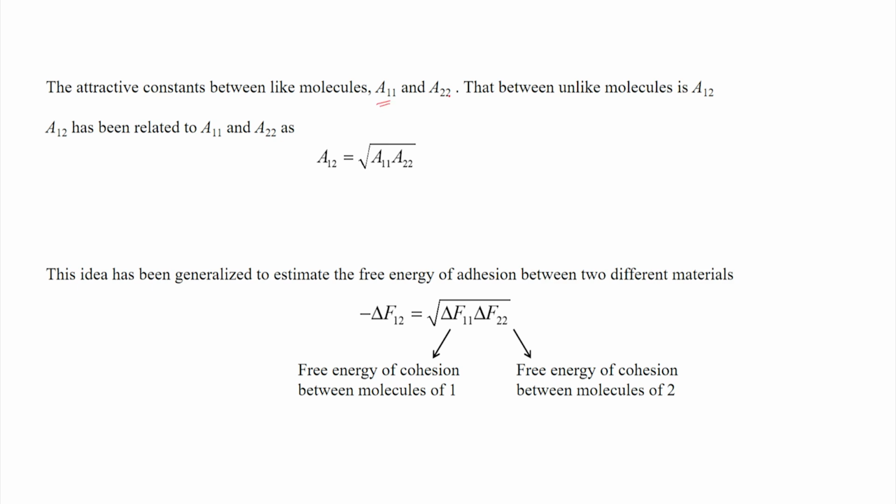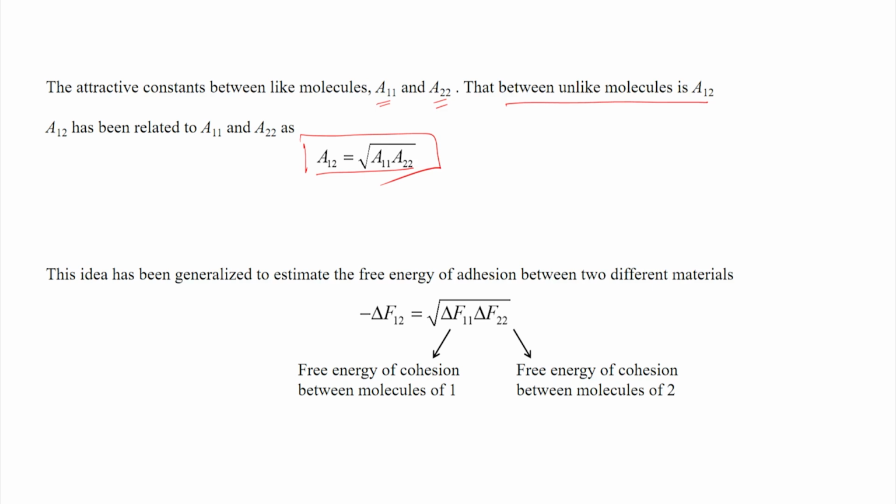Capital A11 and capital A22 are the Hamaker constants. The Hamaker constant of interaction between the unlike molecules will be given by A12, and A12 is equal to the square root of A11 into A22. That is the way it is actually obtained.